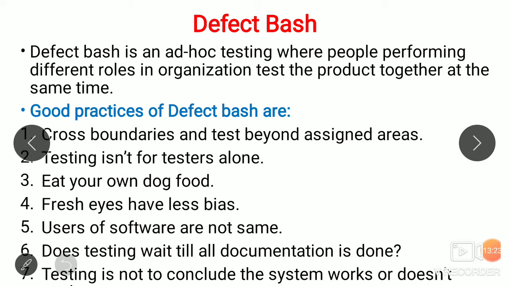Users of software are not the same. Some users are blind, some users are physically handicapped, some users are educated, some users are uneducated. Therefore users of the systems are not the same. We need to develop such a system that all users can use. And the sixth one is, does testing wait till all documentation is done?